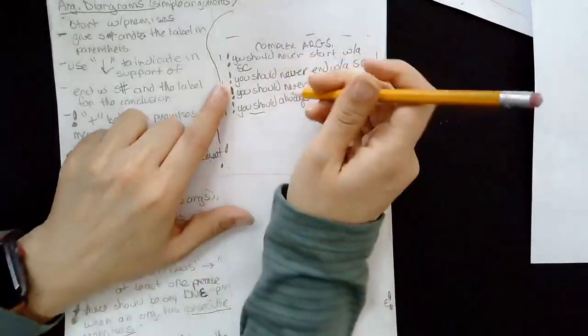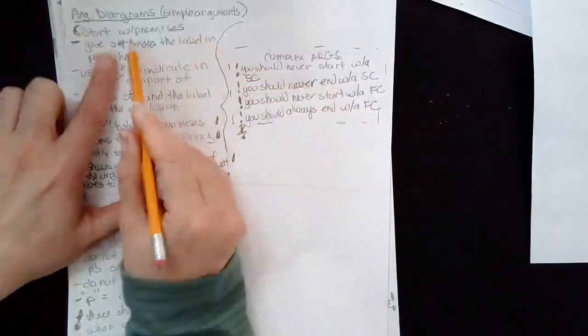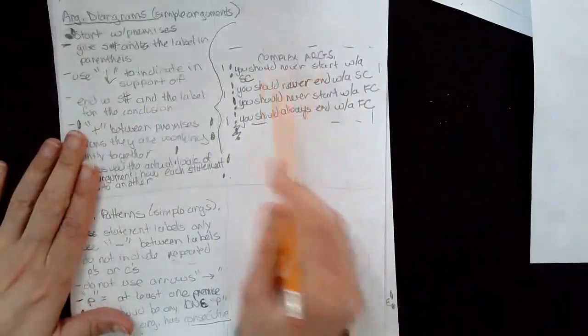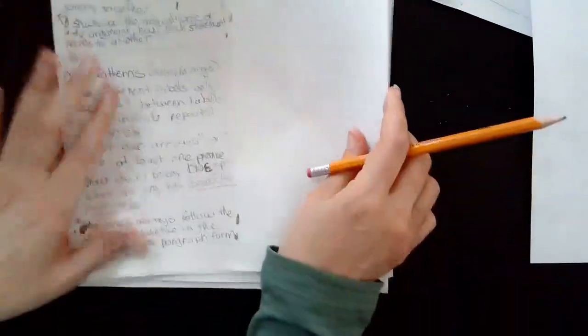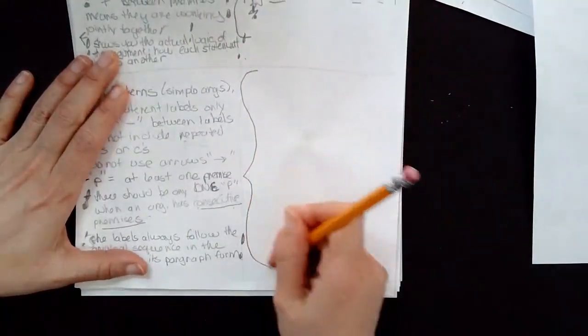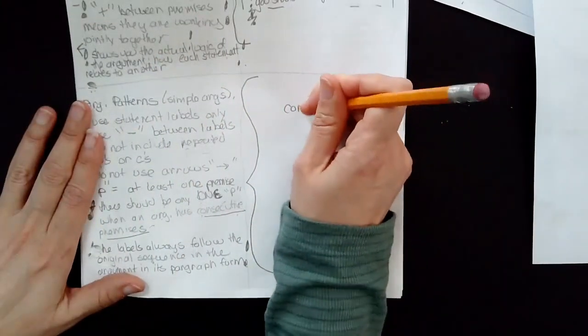So with complex arguments, another thing that you might tell yourself is, well, it's still going to be this, right? So you're always going to start with something that's just a premise, whether it's a simple argument or a complex argument. So go ahead and write this down. So something that we want to say, so generally about argument patterns is that this generally holds true for complex arguments, but we need to go ahead and make a special note.